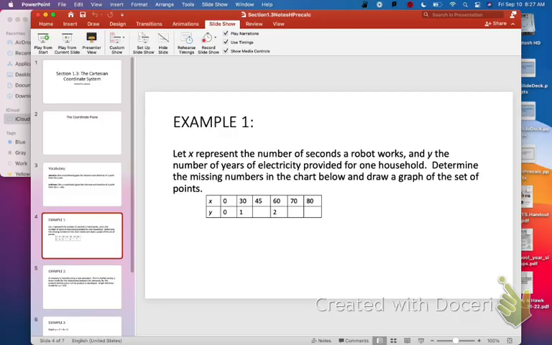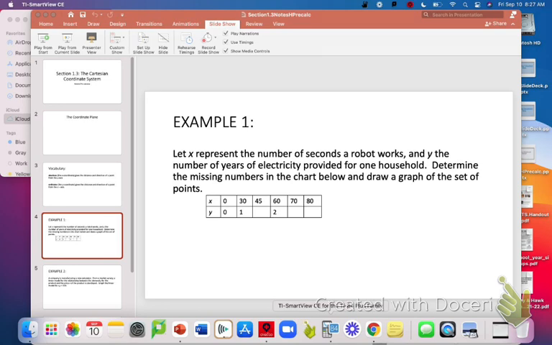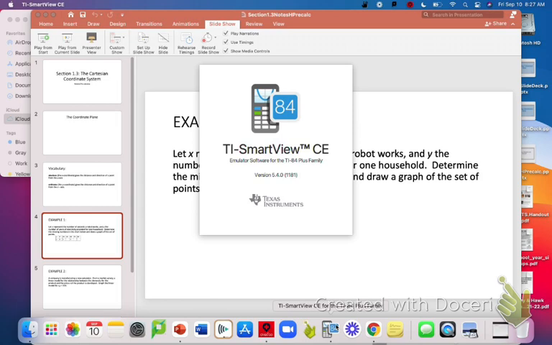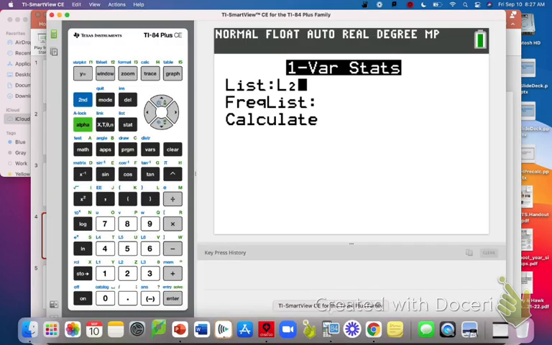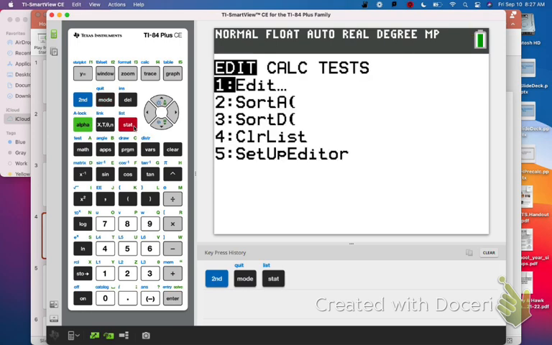All right, let's see if I can get my calculator back rocking and rolling. So, does everybody see on their calculator a button that says stat? Yeah.